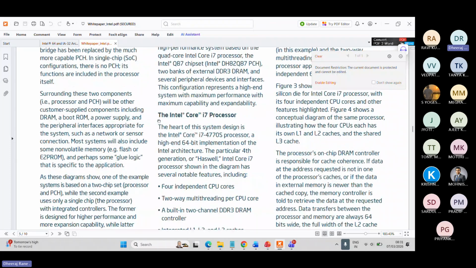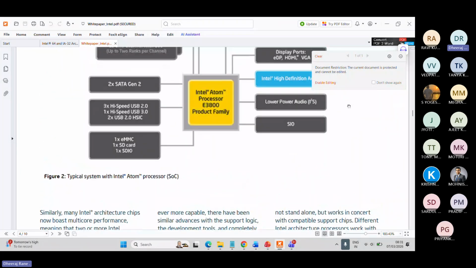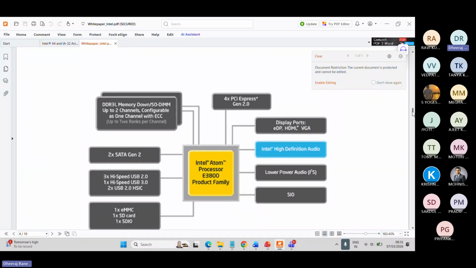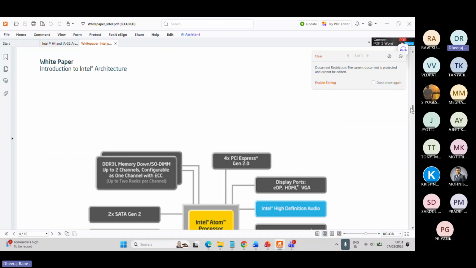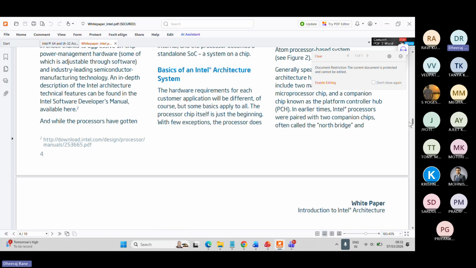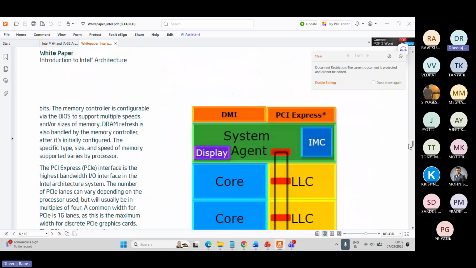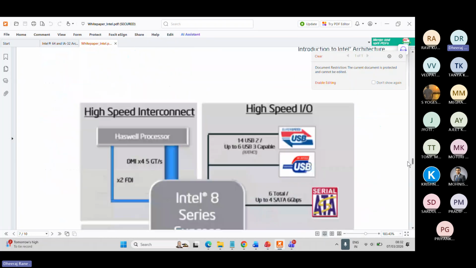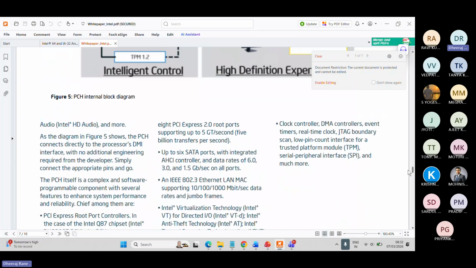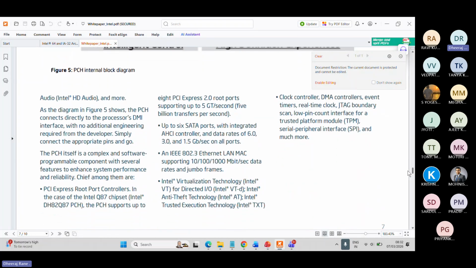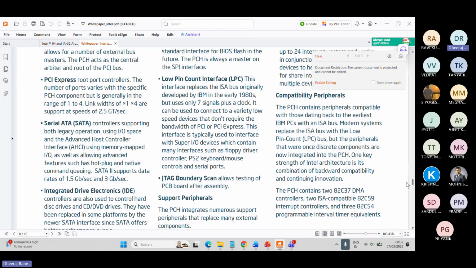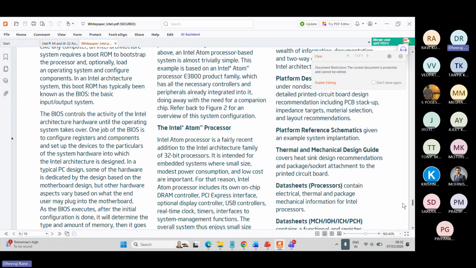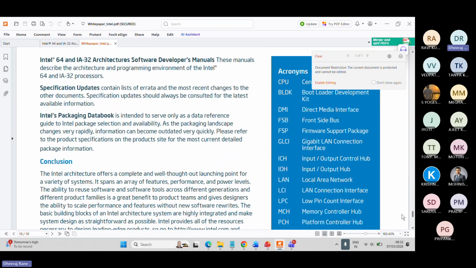Apart from this, I have seen one white paper related to multi-core architecture, on the Intel Atom processor, and at a later stage we will have multi-core architecture, say dual core, quad core. Now it's not dual core or quad core; now we have many more cores. That's why nowadays you don't hear words like dual core and quad core.